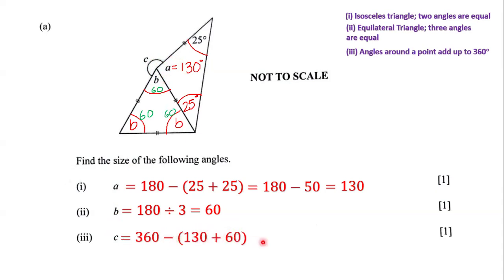We have 360 minus 190, since 190 is 130 plus 60. 360 minus 190 is 170 degrees. So the size of angle C is 170 degrees. And that's the answer to this question.